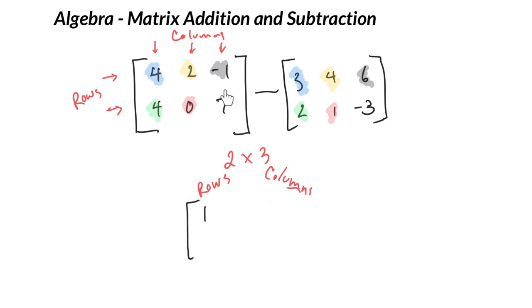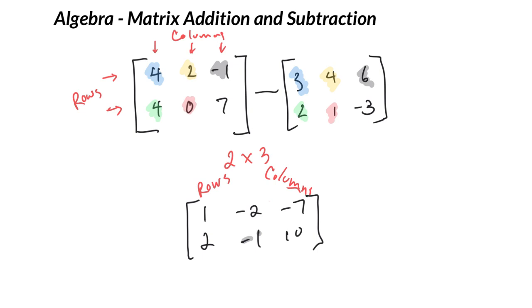So just taking this and this. 4 minus 2 is 2. 2 minus 4 is negative 2. 0 minus 1 is negative 1. Negative 1 minus 6 is negative 7. And finally, 7 minus negative 3 is 10.